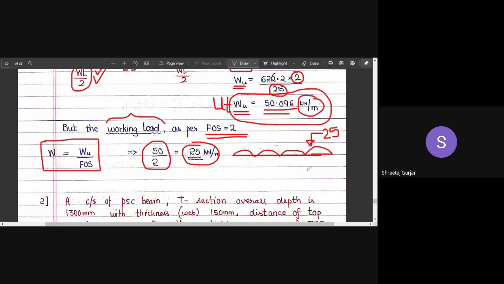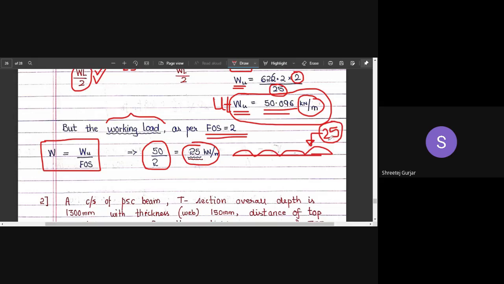Now what we usually do, civil engineers, is take some factor of safety so that during its lifetime, if it is exceeded, suppose there is some function going on, there are more people standing on that particular slab, and the load increases more than the limit.